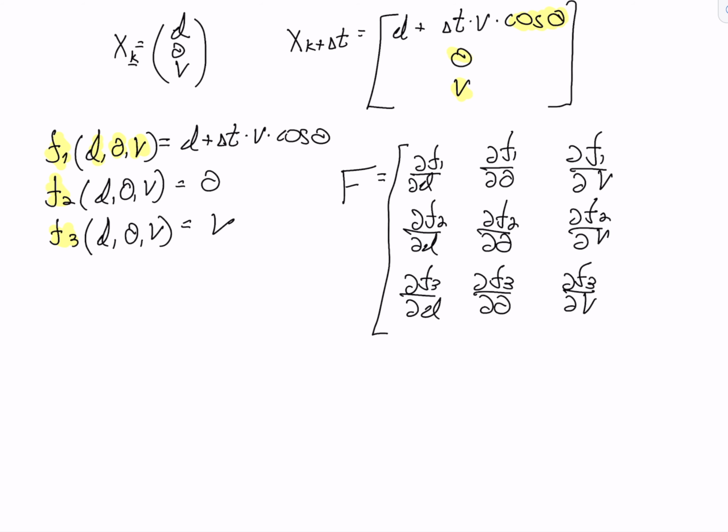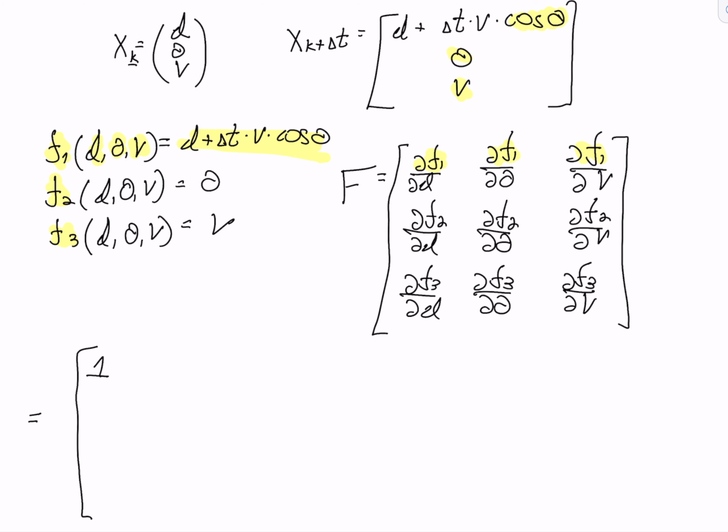So let's derive it. If I derive the first function, d plus delta t times v times cosine theta, with respect to d, then I end up with 1. Why? Because it's just like deriving x plus c with respect to x. c is constant, so it doesn't matter, and when you derive x with respect to x, you end up with 1.